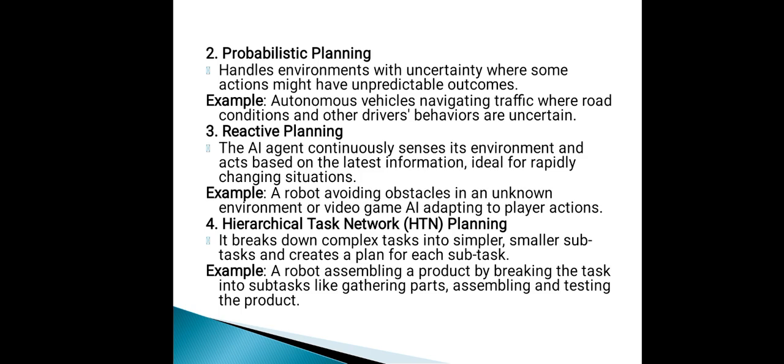For example, an autonomous car cannot predict exactly how other drivers will behave or when pedestrians may suddenly cross the road. Therefore, it continuously calculates different possibilities and chooses the safest decision. Probabilistic planning is widely used in robotics, autonomous vehicles, weather prediction, and financial forecasting.